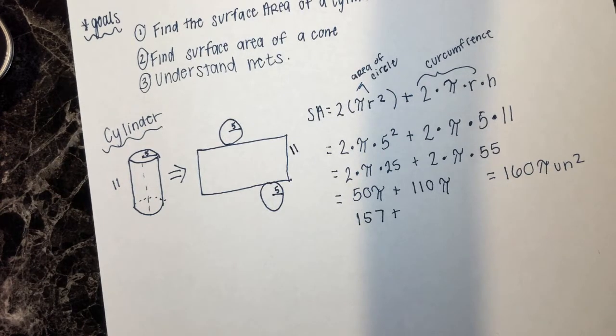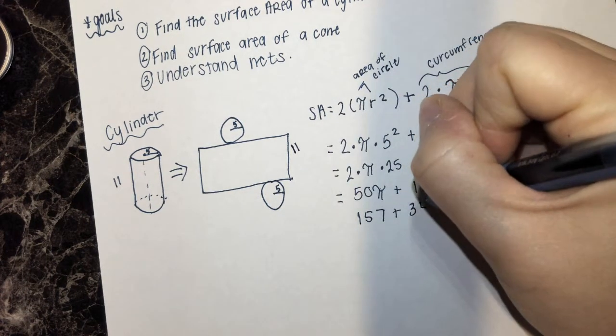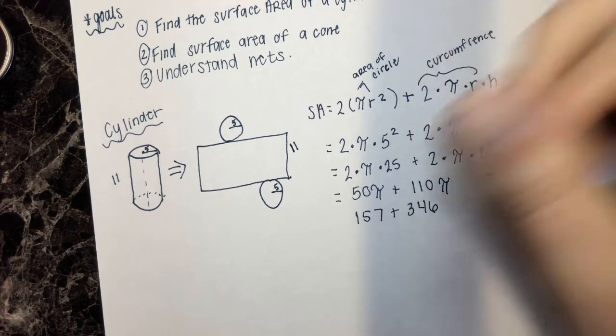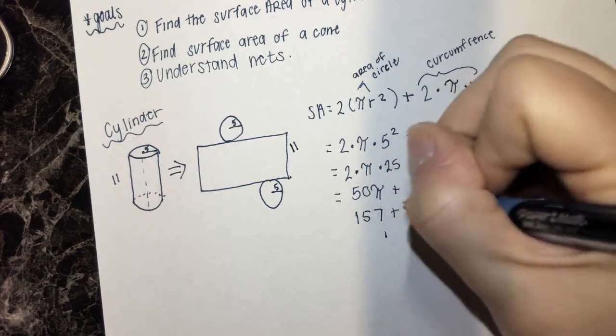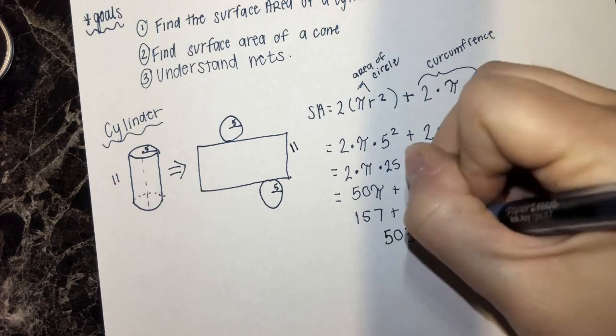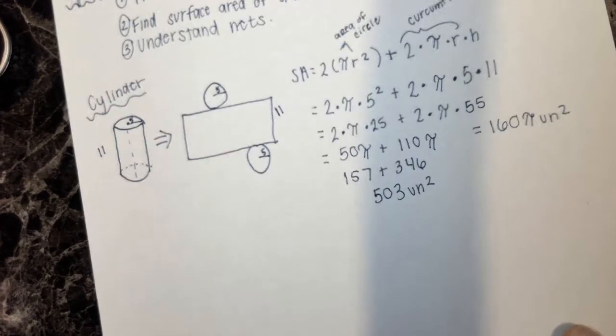And 110 pi would be 346. And if I add that together, I will get 503 units squared.